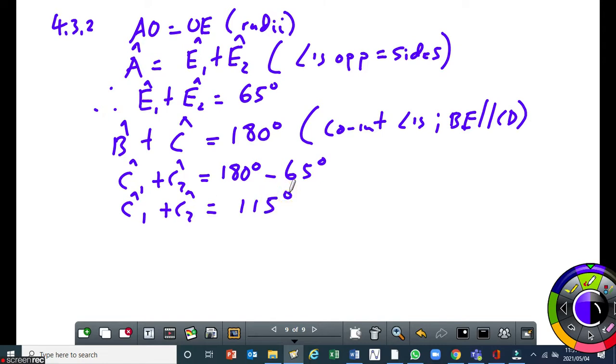Okay? Now allow me to give names to those equations. I'm going to give this equation here a name. I'll call it equation 1, and that one I'll call it equation 2. Okay?